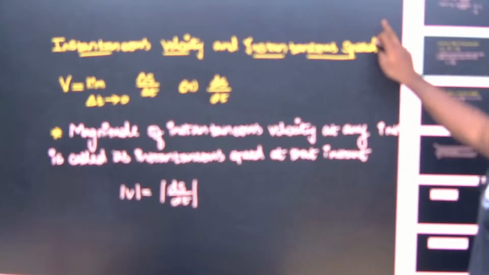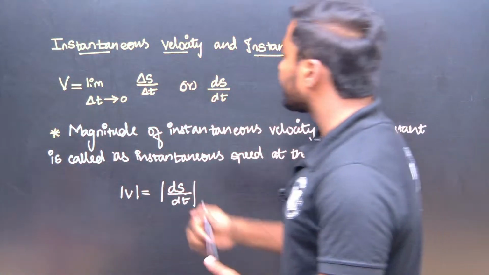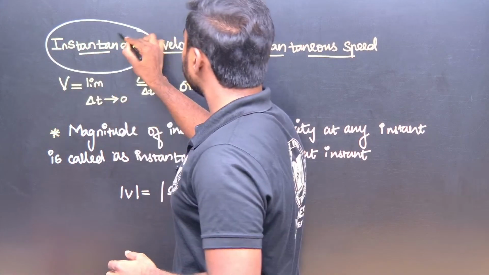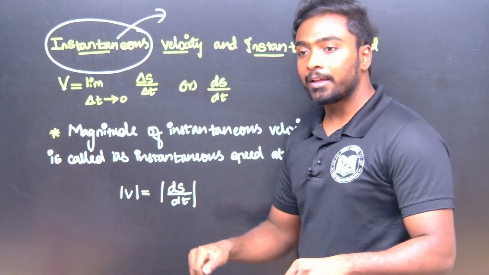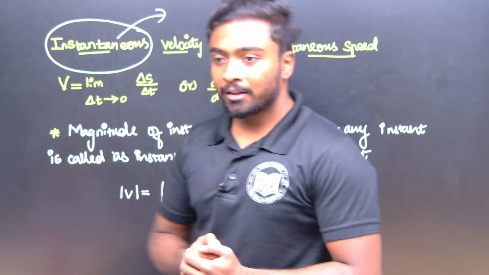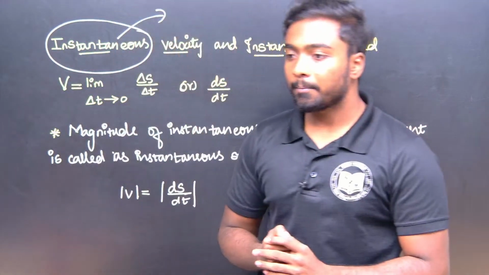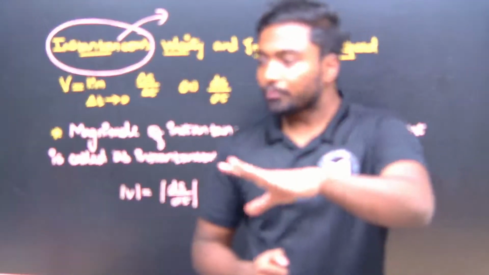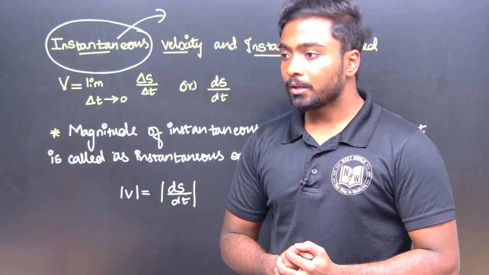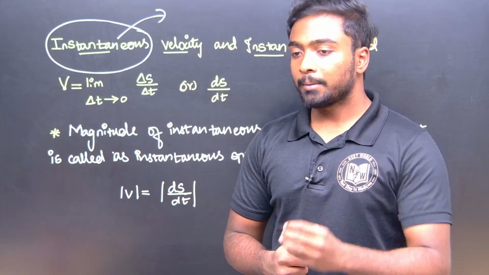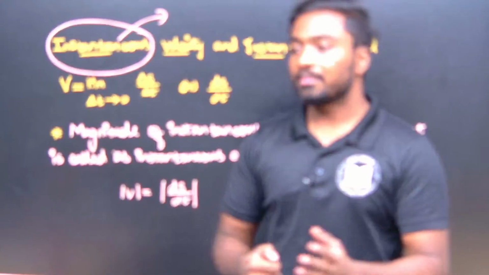What is the meaning of instantaneous? It means at that moment. If you are traveling from point A to point B, and in the middle a person asks what the speed is, you will say some x kilometers, for example 70 kilometers per hour.